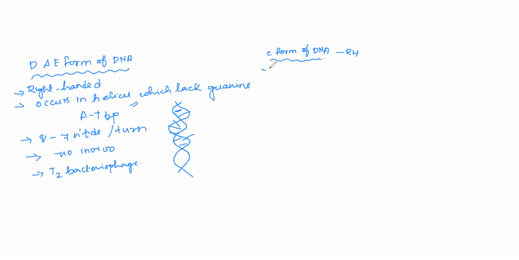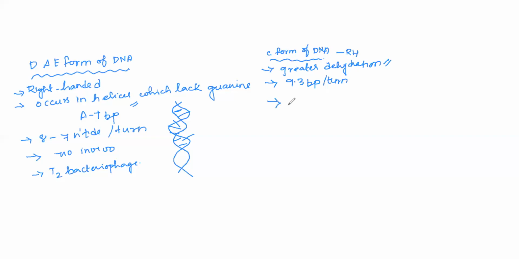It actually occurs, just like the form A, at greater dehydration, which is usually not found in the cells or under normal conditions. Yes, so it has around 9.3 base pairs per turn of helix instead of 10.